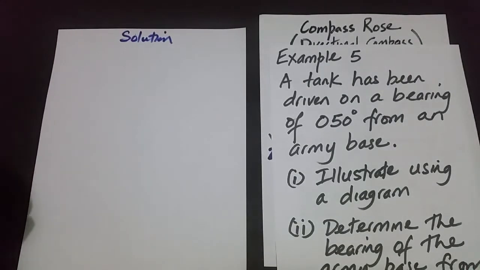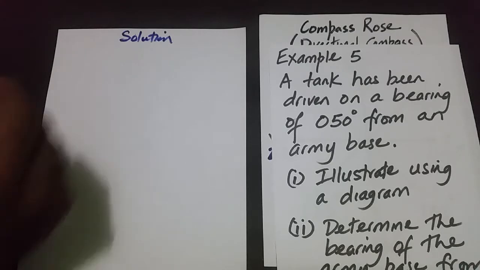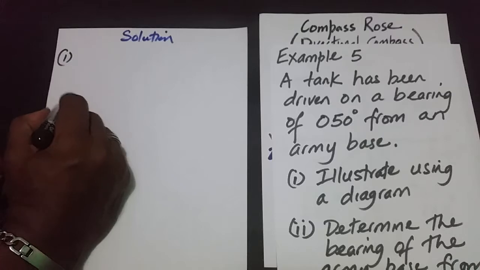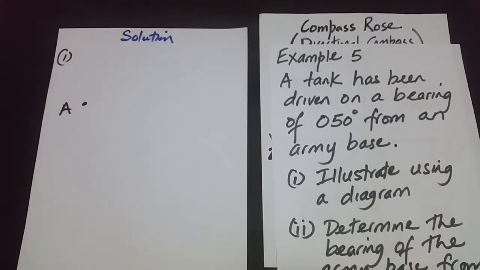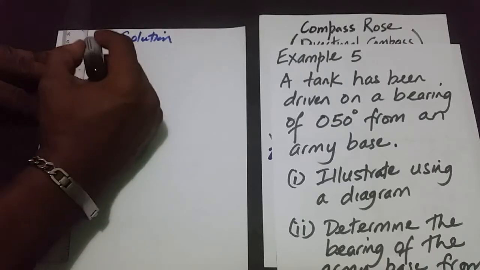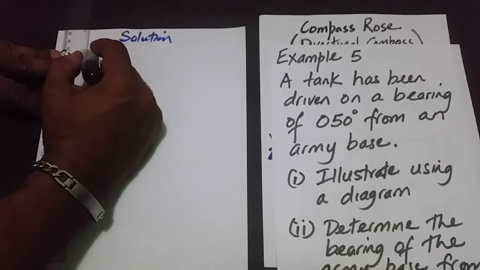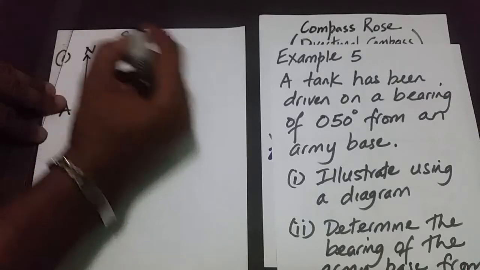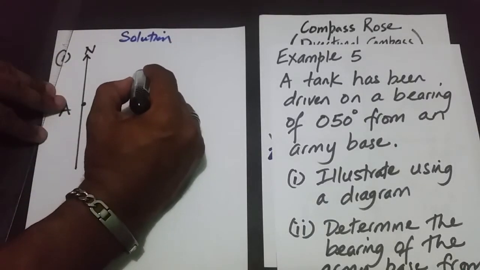So quickly, the tank is leaving an army base. We're answering part 1. So we're going to put a dot that represents the army base. And through that dot, we're going to draw a north line. Very simple. And we know that the tank is somewhere up here.